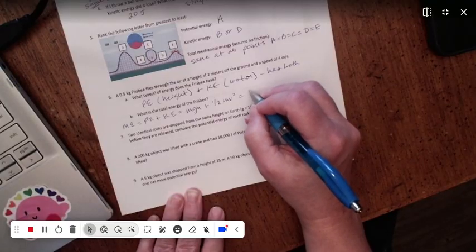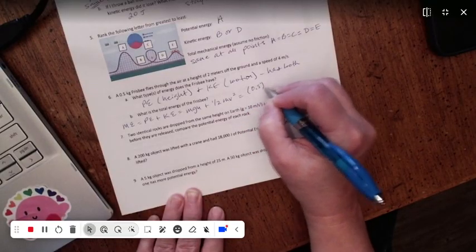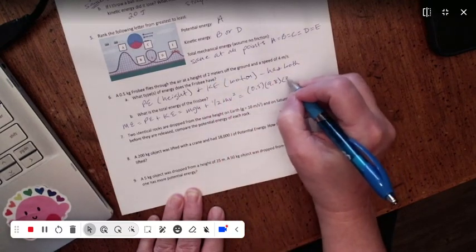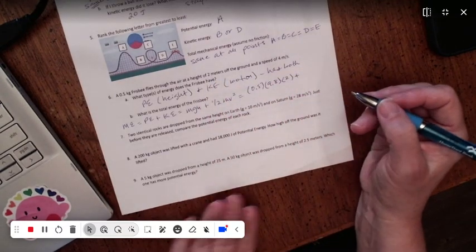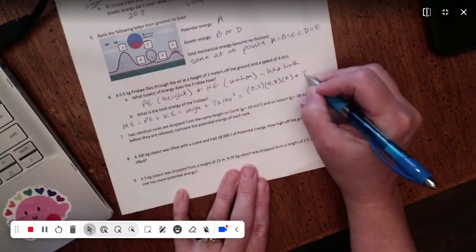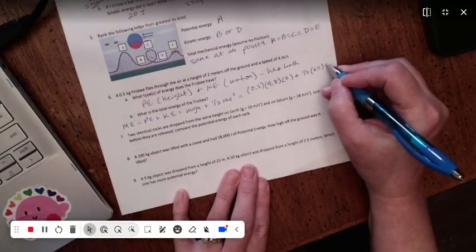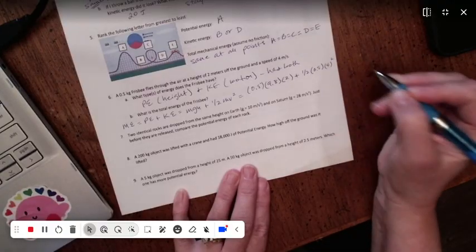So let's see, the mass is 0.5 times 9.8 times my height is 2 meters plus 1/2, again mass is 0.5 and the speed is 4 meters per second, and I'm going to square that.